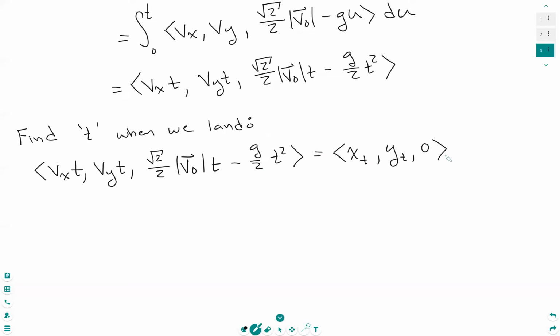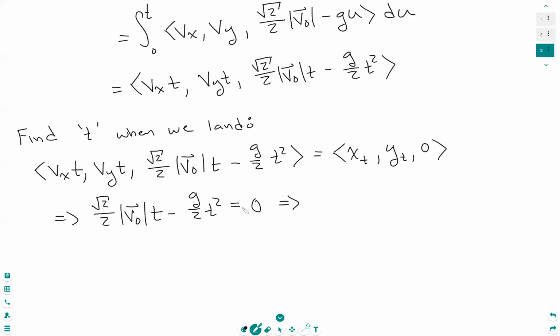Okay, so if I look at the z components, I know this term needs to be 0. So the square root of 2 over 2 v naught t minus g over 2 t squared is equal to 0.